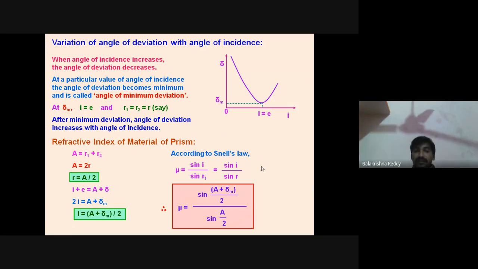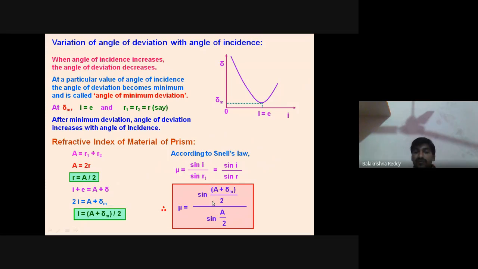Now here one more small condition is applicable. Let us say the angle of the prism, A, is smaller. When we are dealing with light rays, whenever they refract, the angles of incidence and refraction compared with the normal are very, very small. For thin prisms, I mean not very thick prisms, the angle of the prism is smaller.